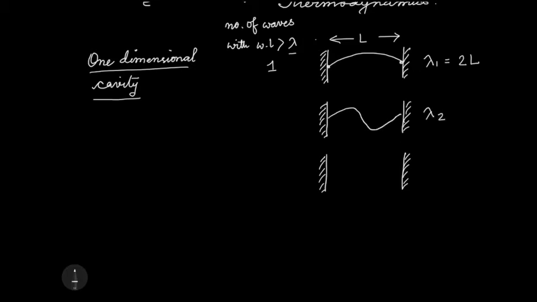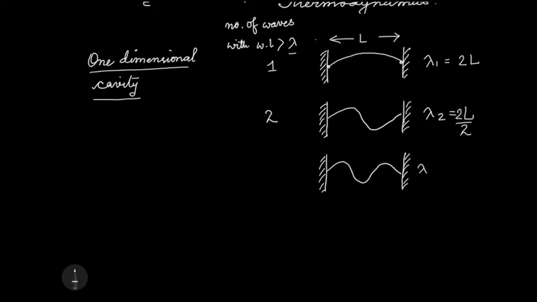I can have the full wave fitting in here. If that is lambda 2, then the number of waves with wavelength greater than lambda 2: I can have lambda 2, I can also have lambda 1. So lambda 2 is of course equal to L, which I can write as 2L by 2 also. Such waves, I can fit in two.